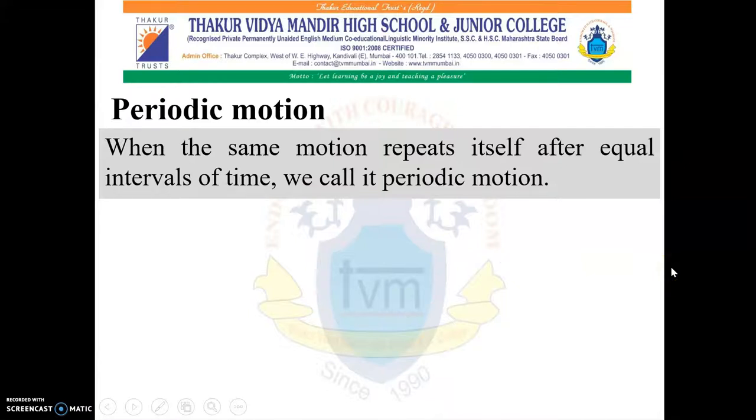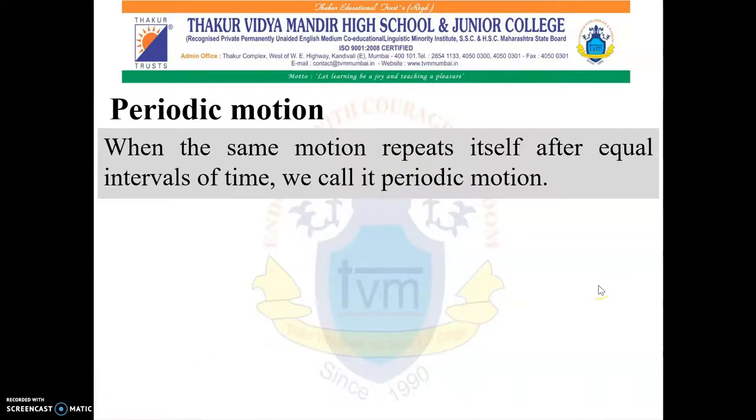Now, periodic motion. When the same motion repeats itself after equal intervals of time, we call it periodic motion. Let us see examples.